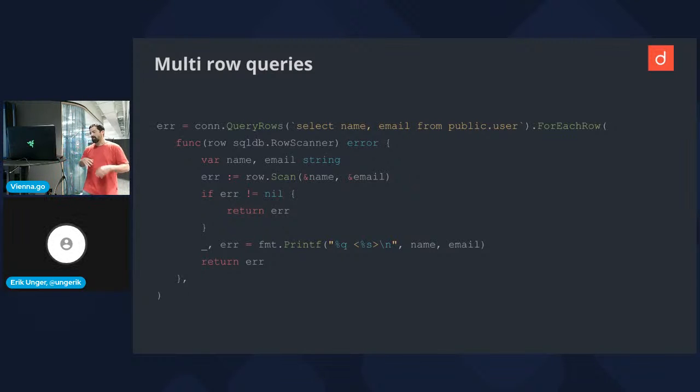Of course, there's also a more generic way that doesn't use as much reflection and might be a little bit faster, where a function is called with the row scanner for every row that comes back from the result. You can see here how that is used.